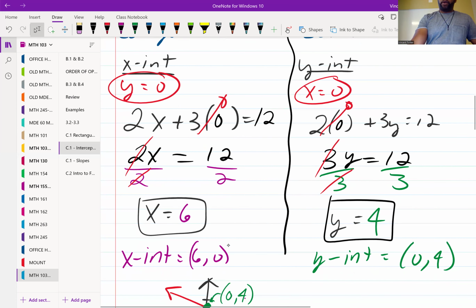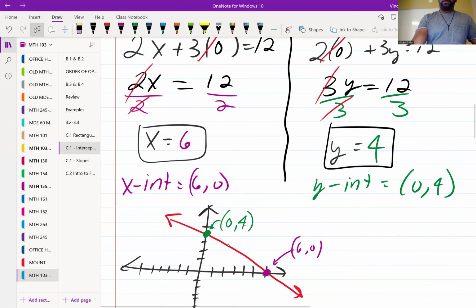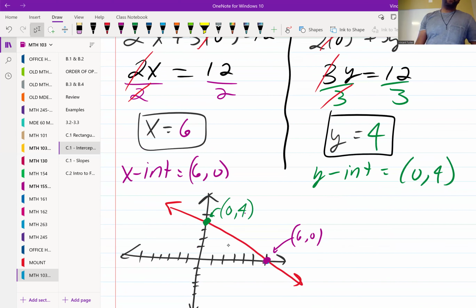Graph those two points, and then that's your line. Go to the right 6 for the (6, 0), and then go up 4 for the (0, 4).